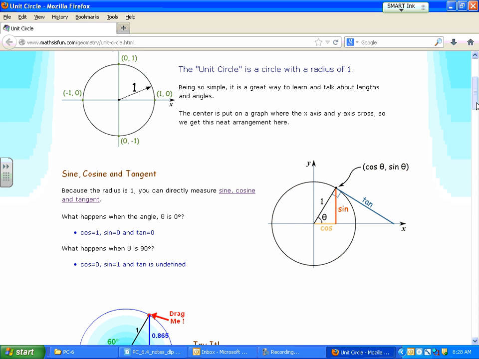If I'm 1 to the right from the origin of my unit circle, the length of x and the radius become the same thing. At the top of my circle, the radius of 1 becomes the same thing as the length of y. So we have these coordinates at those specific quadrantal angles.